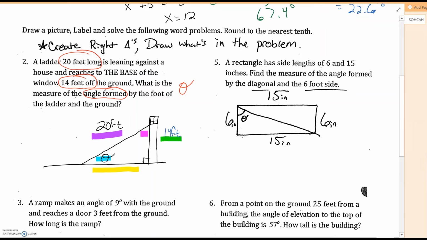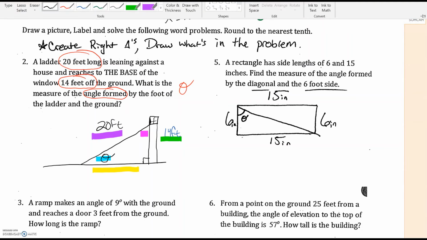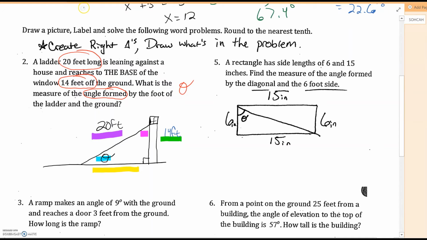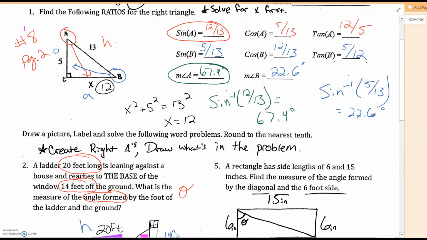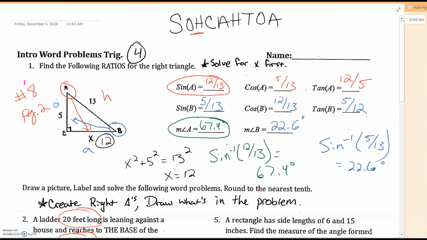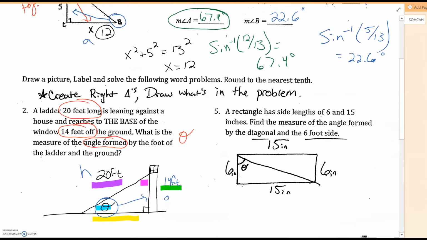All right. Now we can go ahead and solve. So then I can circle my angle. This is opposite and the hypotenuse, which tells me opposite and hypotenuse, if you use your SOHCAHTOA, is sine.